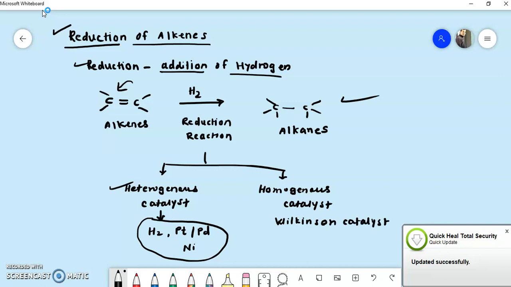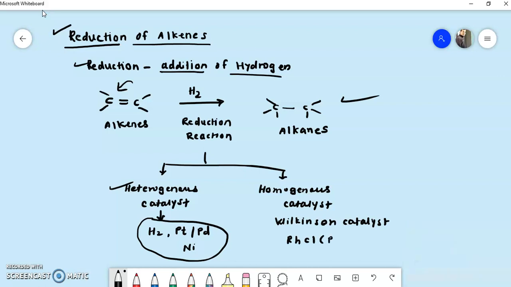The structure of Wilkinson catalyst is like this: RhCl(PPh3)3, with PPh3 three times. So this complex is known as a Wilkinson catalyst. This is the complex of rhodium metal with chlorine and triphenylphosphine.